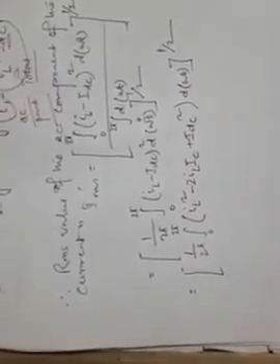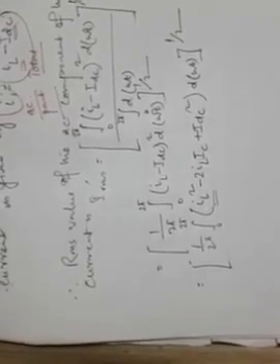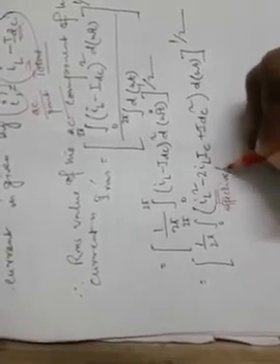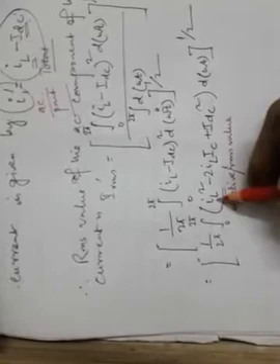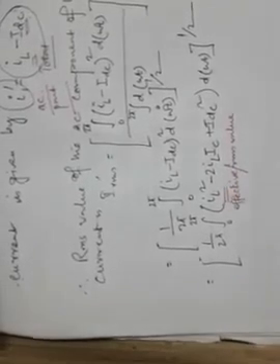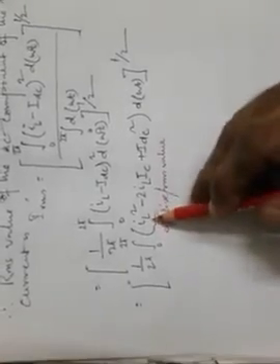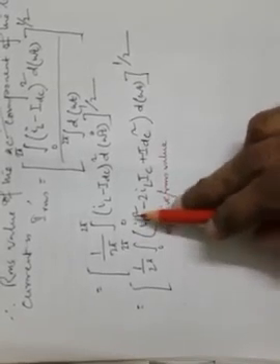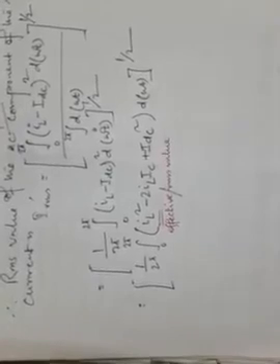Now if we analyze this expression, the first term of the integral, IL square, represents the effective or RMS value squared of the total load current, the output current. Since this is the integration from 0 to 2 pi of IL squared d omega t, we have taken the RMS value of the total load current as a square.